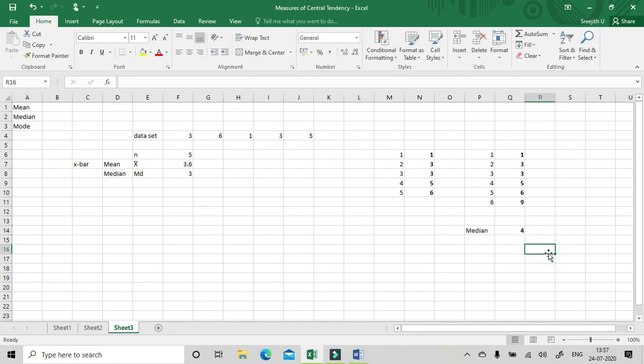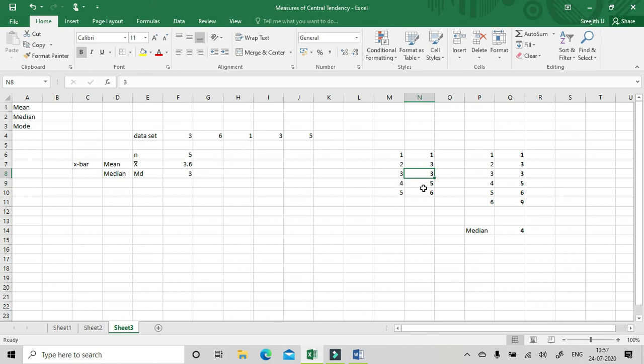It's interesting to note that when you have an odd number of observations, in this instance when there are 5, the median will be a number which is part of the data set. In this case 3 is a part of this data set.